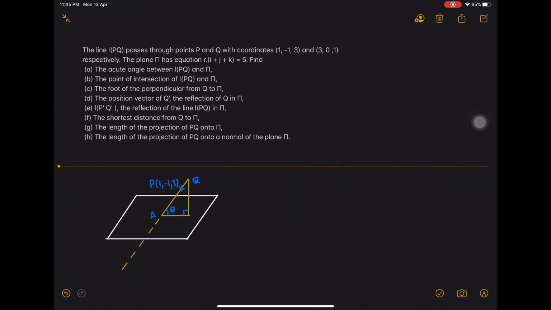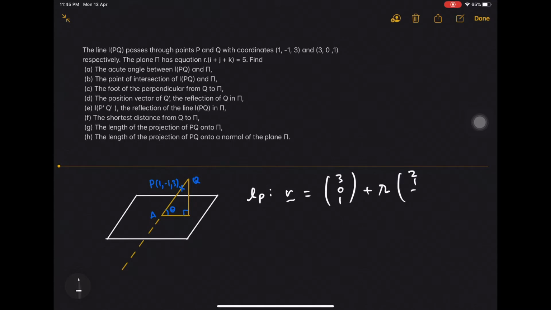I can use either point P or Q. I'm going to choose Q, 3, 0, 1, and I have my direction vector found previously to be 2, 1, minus 2. So I have my equation of the line PQ.